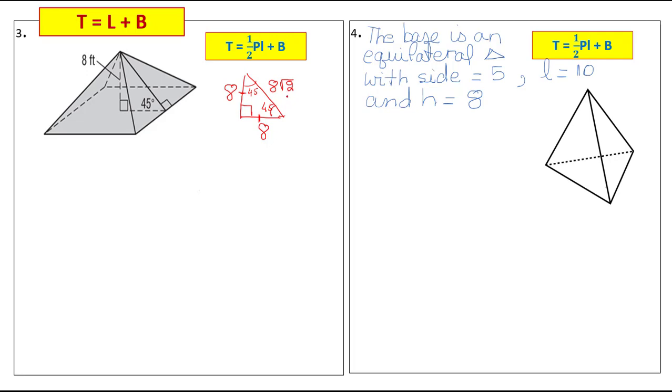If you don't know this, just find it with the Pythagorean theorem. This side is equal to the square root of 8 squared plus 8 squared. Okay? It will give me 8√2. Then I know here that this is 8, and the slant height, the lateral height, is equal to 8√2.